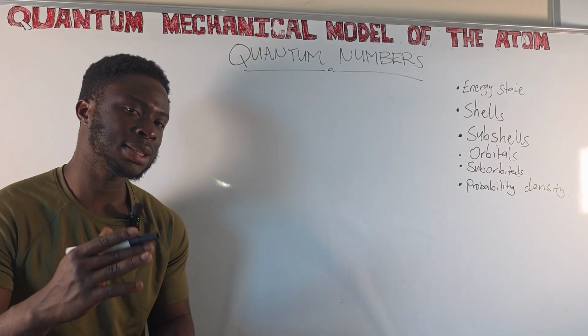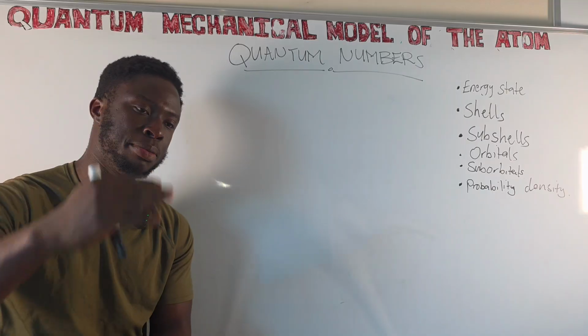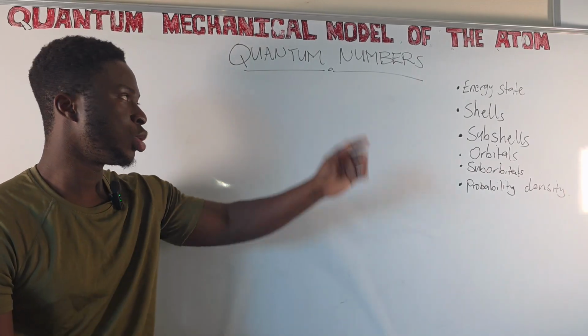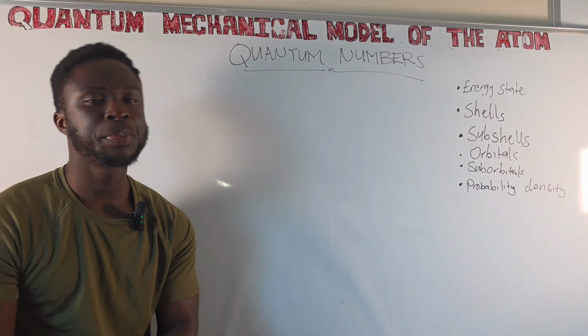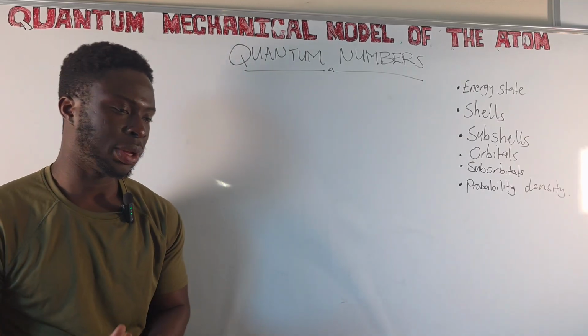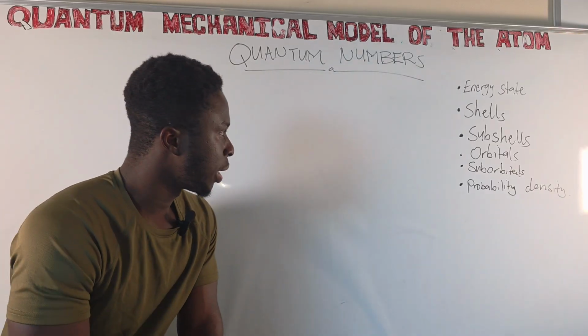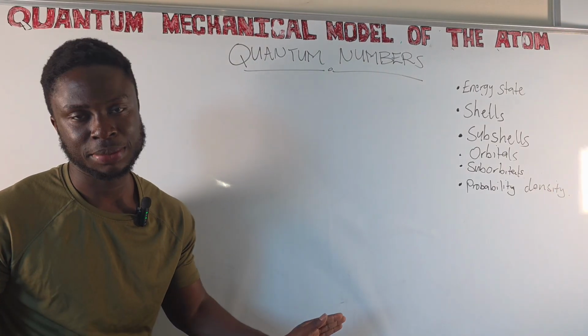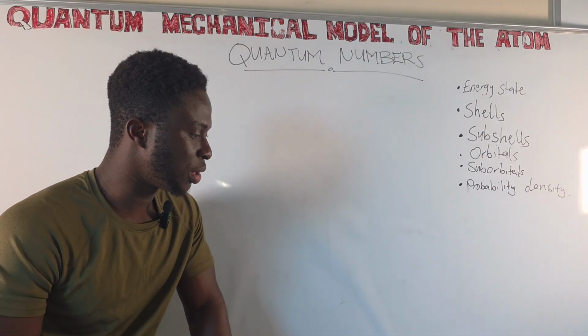So they came out with a system of probabilities, and then they came out with four numbers. Those numbers are called the quantum numbers, and we're going to go through them today so that we can get an end to chapter one, the quantum mechanical model of the atom, and chapter one of the chemistry book, so that we can be done with it and move to chapter two.